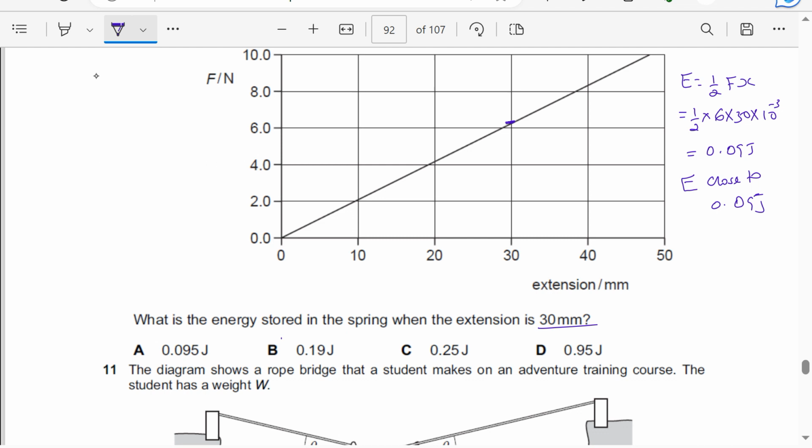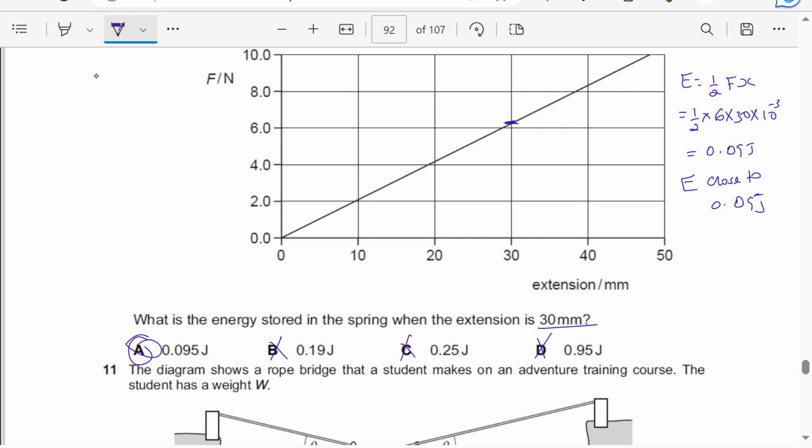So this is wrong, this is wrong, this is wrong. So it means the answer is going to be A. Because I took 6 instead of 6 point something, you could take this as 6 point something or 6, because from 6 you go to 8. So this space must be divided by 2, must be divided by that space. So to get equal divisions, this could be approximately 6.2 maybe.